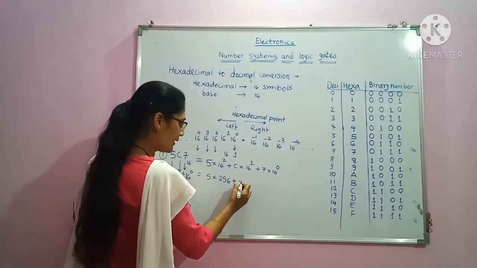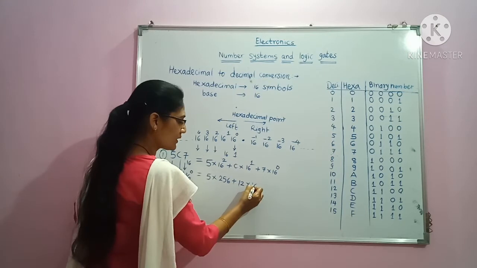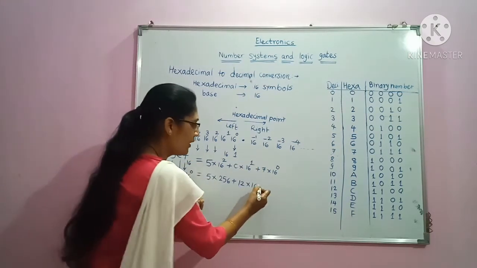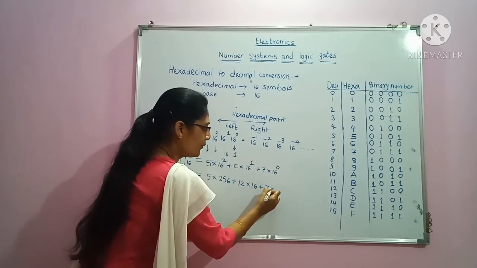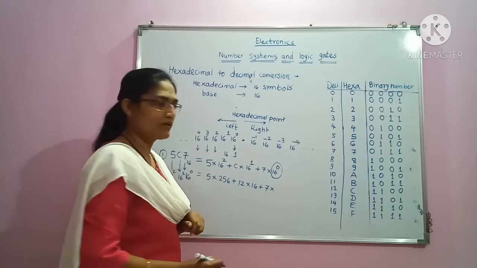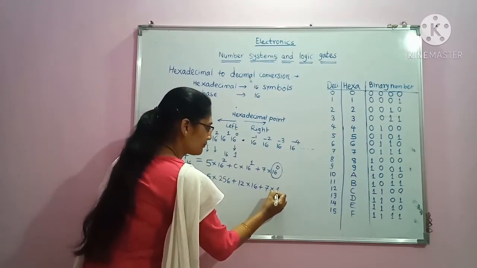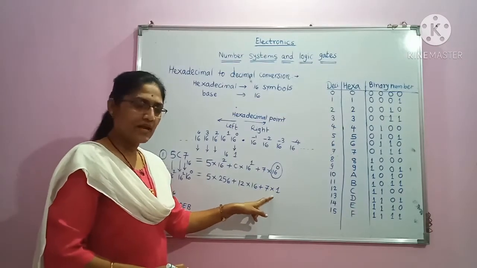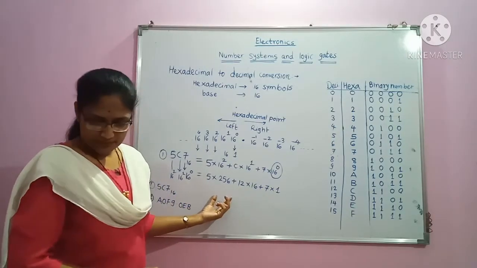So I have to write here 12 into 16 raised to 1. 16 raised to 1 means 16 plus 7 into 16 raised to 0. 16 raised to 0 is 1.